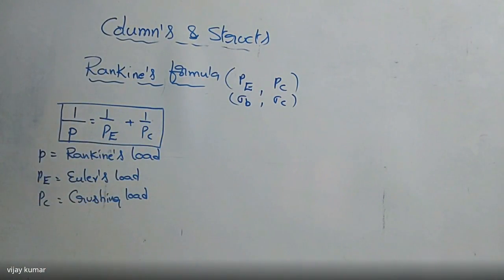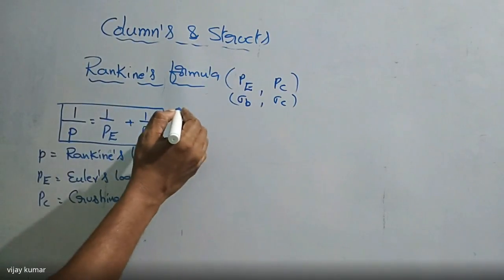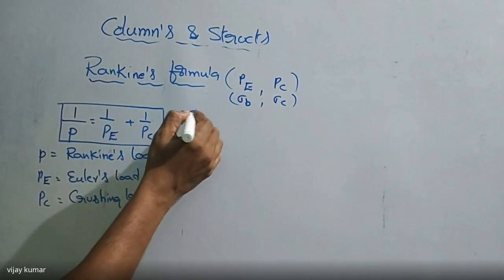Now I'm going to apply this formula for long columns and short columns, so I can find the critical load on these columns. I want to find the critical load on the long column and on the short column by using Rankine's formula.